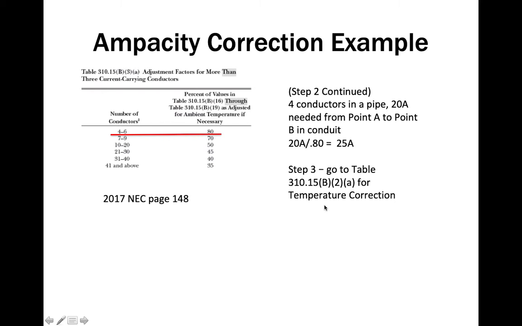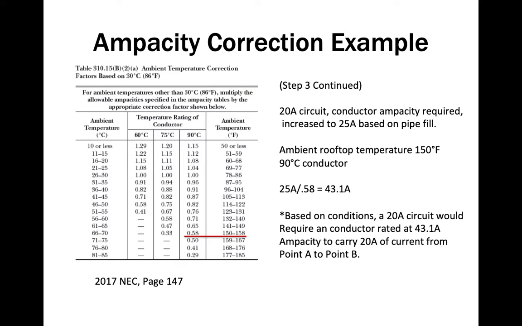Step 3. Go to table 310.15(B)(2)(a) for temperature corrections. I'm still running through 150 degrees Fahrenheit conditions up on a rooftop. So now I have to bump that 25 amps up based on temperature. I go down my right-hand column of Fahrenheit, looking for 150 degrees Fahrenheit.